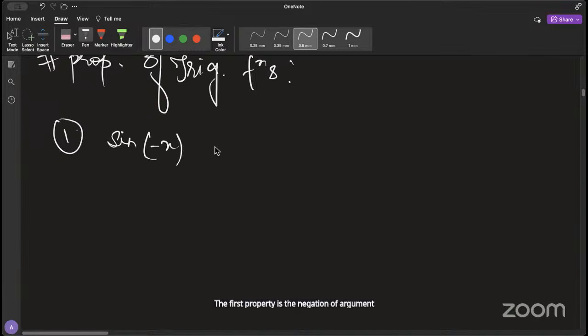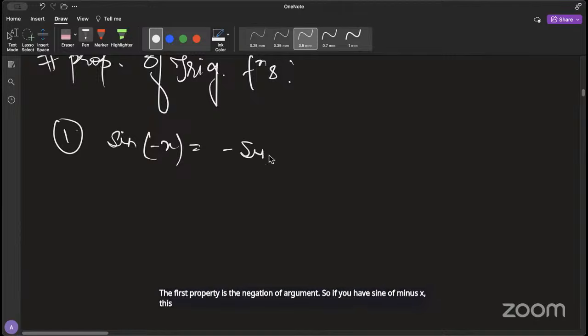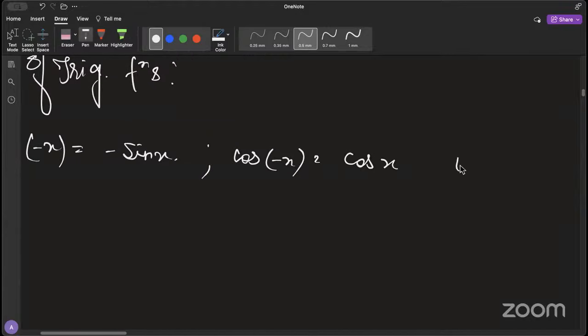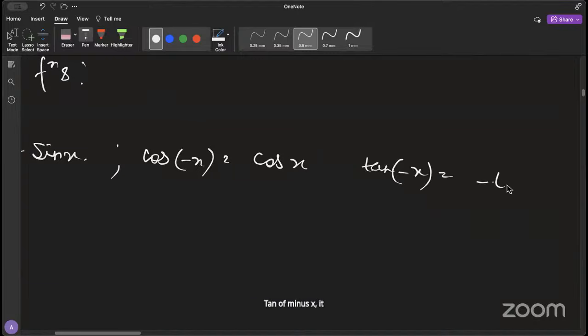So if you have sine of minus x, this is the same as minus sine x. In cos, if you have minus x here, it will be cos x. And for tan, tan of minus x is minus tan x.